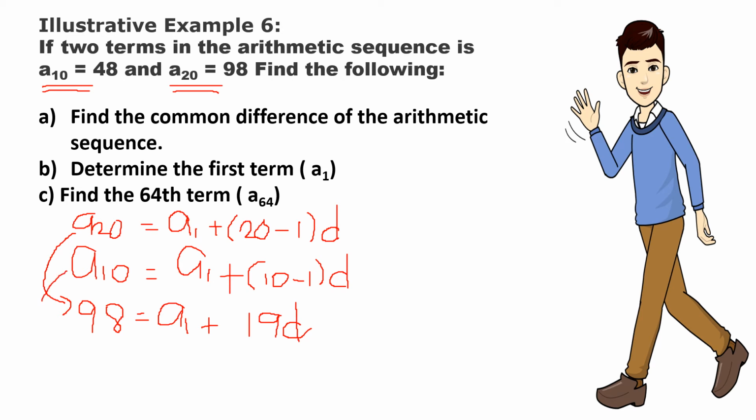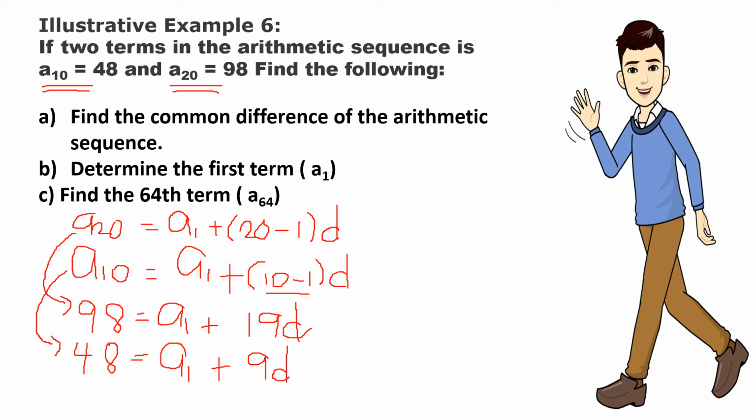Then sa A sub 10, magkakaroon tayo ng 48 equals A sub 1 plus 10 minus 1, the answer is 9D.